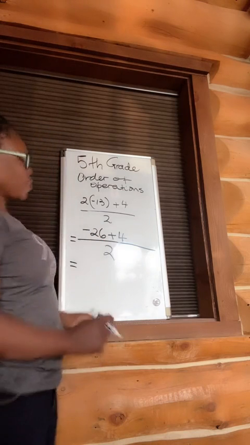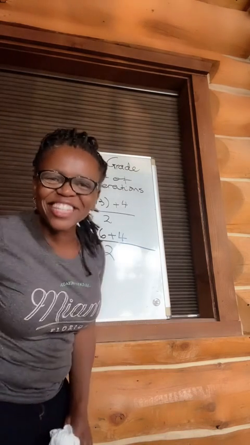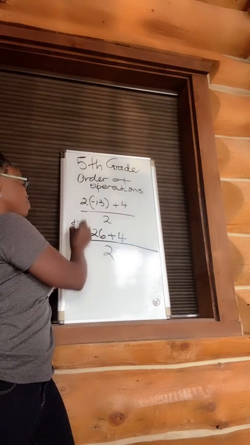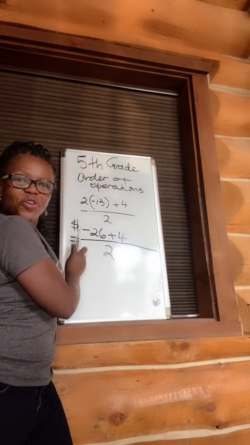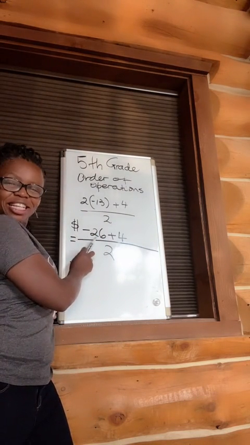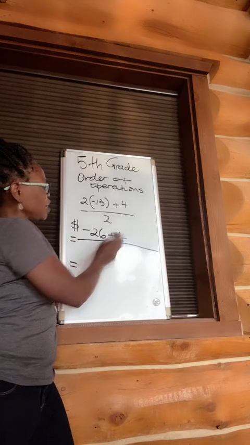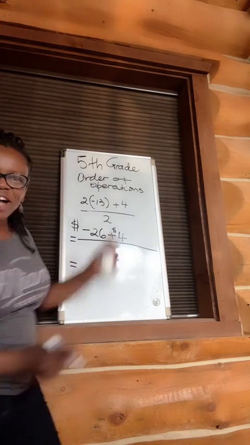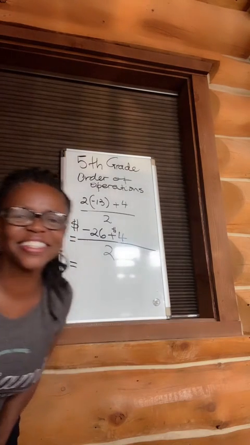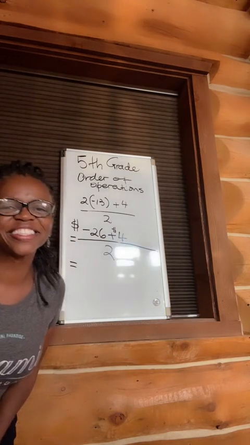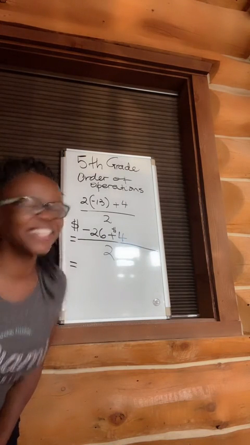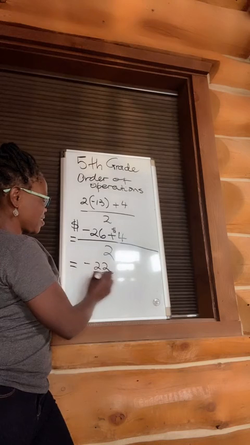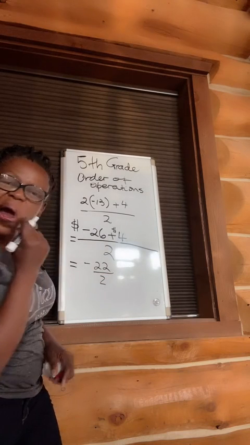Usually my students get it right when I put money. I'm going to put the dollar sign. If you have negative $26 in your savings account and you deposit $4, how much do you have? Yes, negative 22.